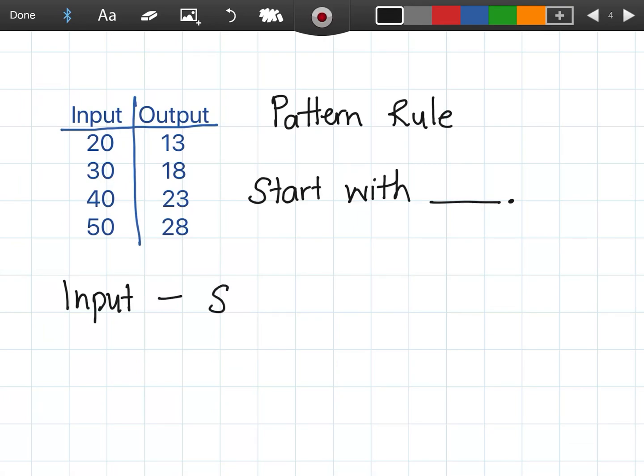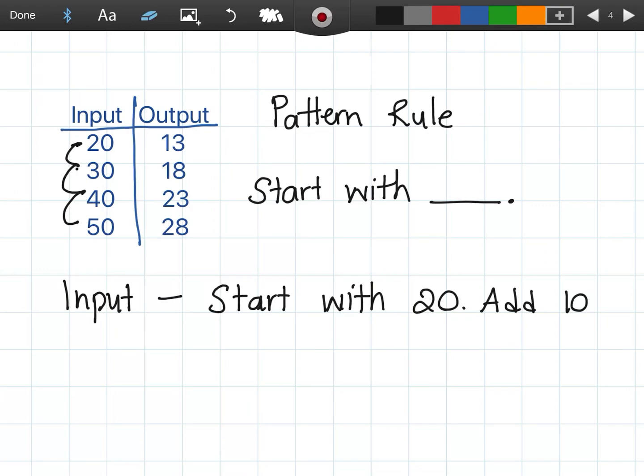We know we have to start with 20, and then we need to look at how they got to the next number. 20 to 30 they add 10, 30 to 40 they add 10, 40 to 50 they add 10. So the rule is start at 20, add 10 each time. That's the pattern rule for the input.